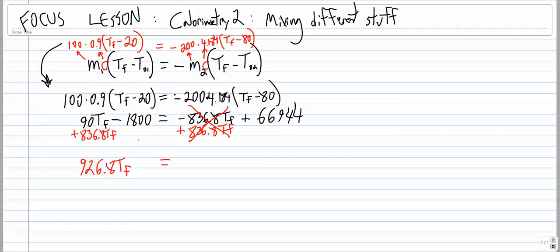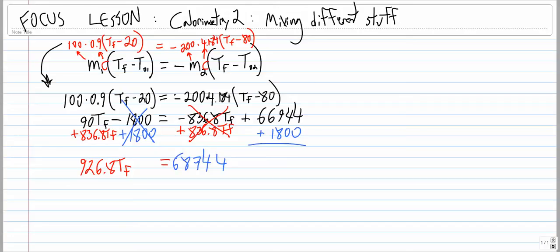So if I took my TFs to the left side, then that means I'm going to get rid of this negative 1800. So I'm going to add 1800 on this side. And I'm going to have to do the same thing on this side. So what do I get here? 68,744.